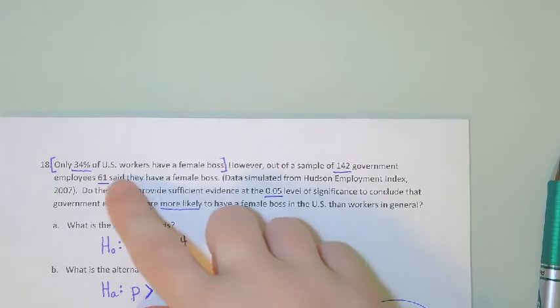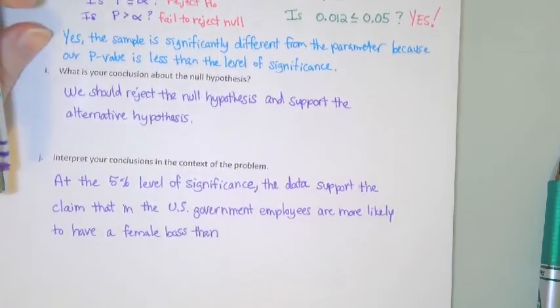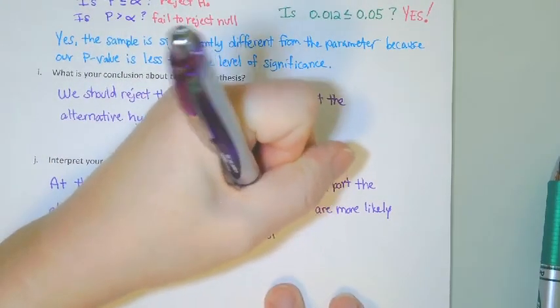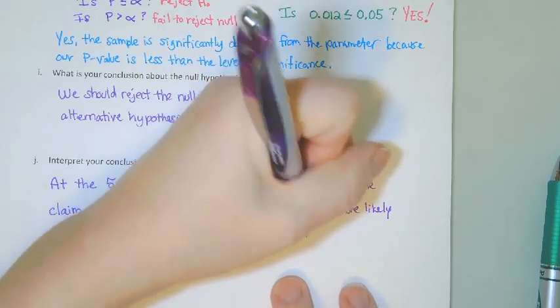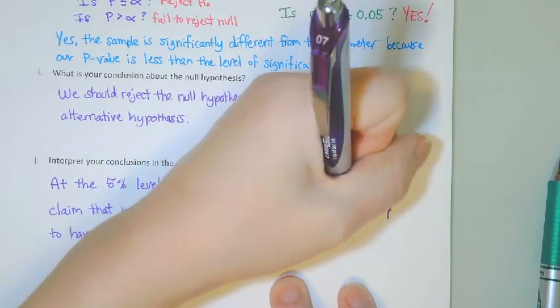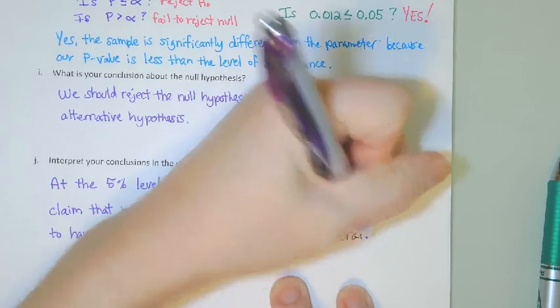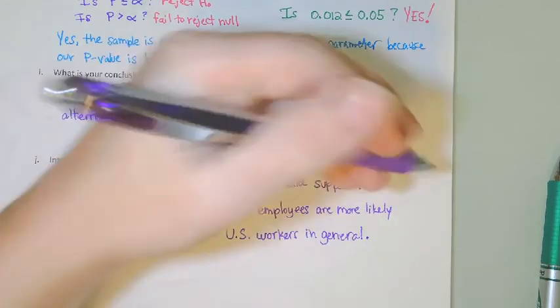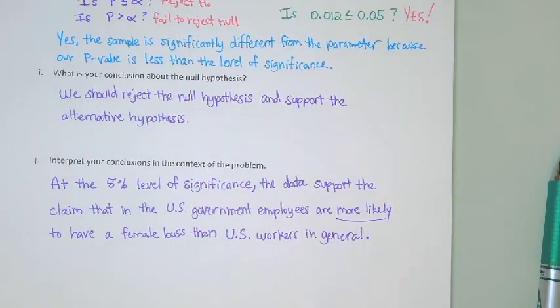So not just workers in general, but U.S. workers in general. So at the 5% level of significance, the data support the claim that in the U.S. government, employees are more likely to have a female boss than U.S. workers in general.